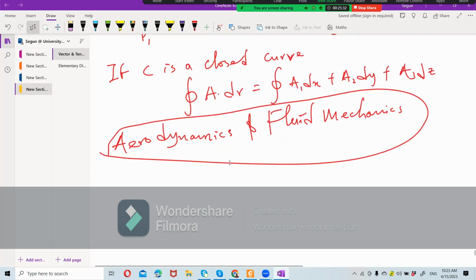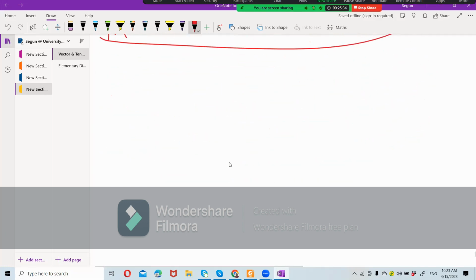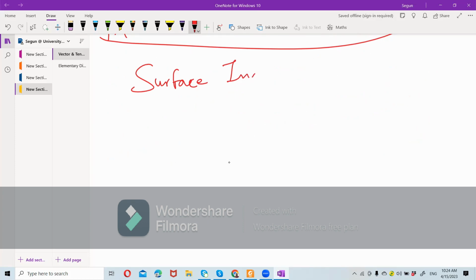So let's look at this. That now leads us to surface integral. Under the surface integral, what do we have? We have the integral over x of A dot n dx.